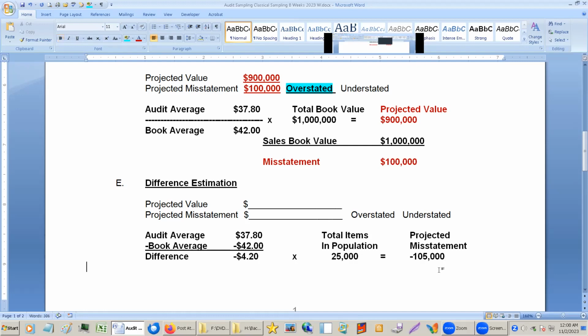This is an overstatement of 105,000. Okay, so projected misstatement, it's an overstatement of 105,000.